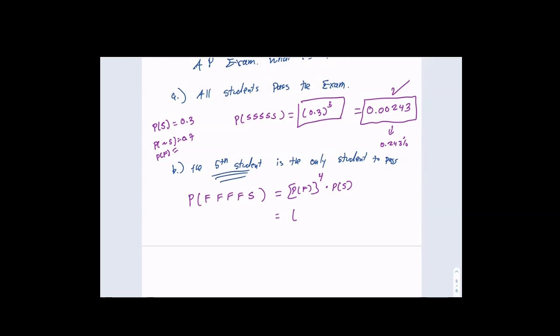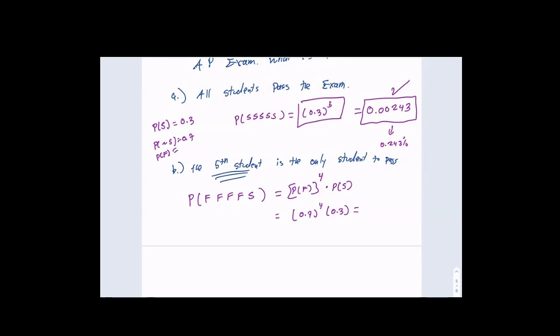You've got to be careful there. It's not the probability of 0.7, it's 0.7. The probability is 0.7. Sorry. 0.7 to the power of 4 times 0.3 to the power of 1. Just 0.3. Correct.